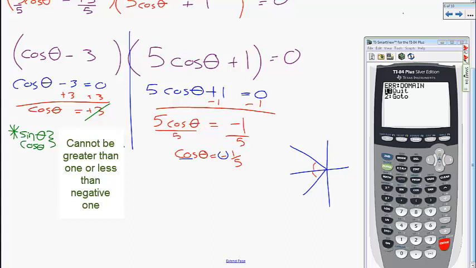To get the reference angle, take the inverse cosine of both sides of your reduced equation. This should give you a value of theta equal to 79 degrees when rounded to the nearest degree.